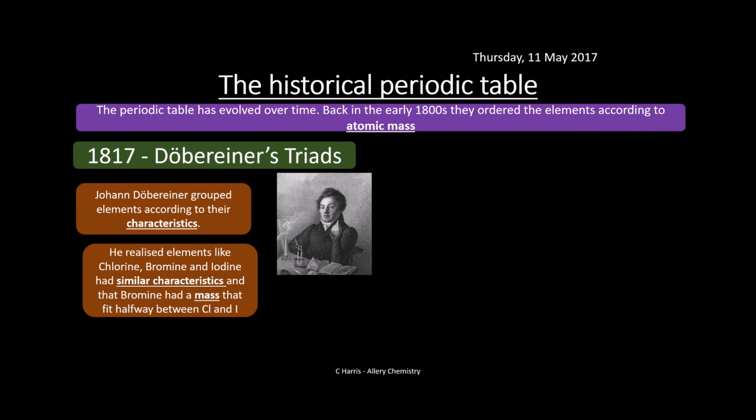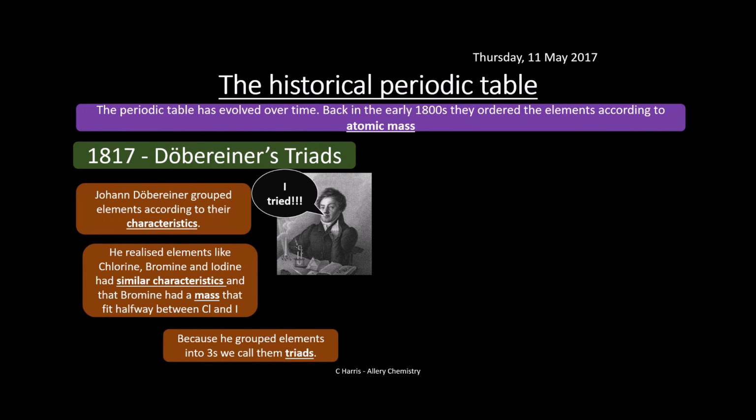They had different properties in terms of liquids, gases and solids, but he still nonetheless saw some kind of pattern. He said that bromine had a mass that was halfway between chlorine and iodine, so he wasn't actually too far off with that one. He noticed this trend and said, right, we're going to group these into triads, into threes. And basically, he gave it a good shot.